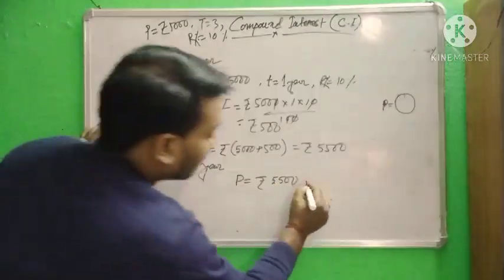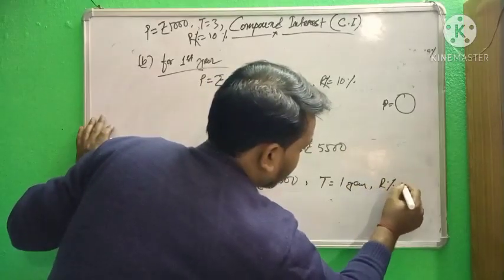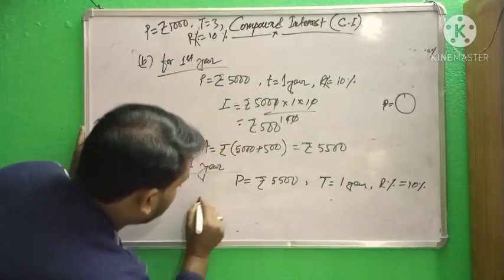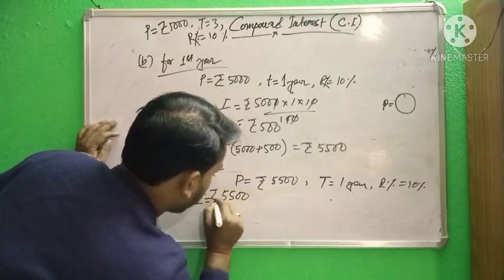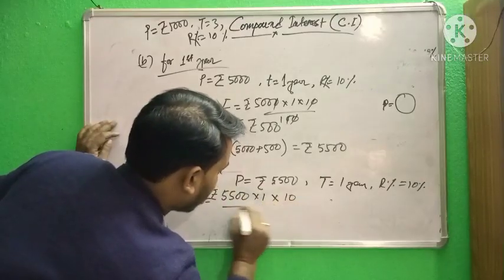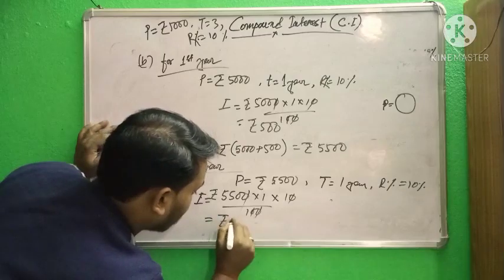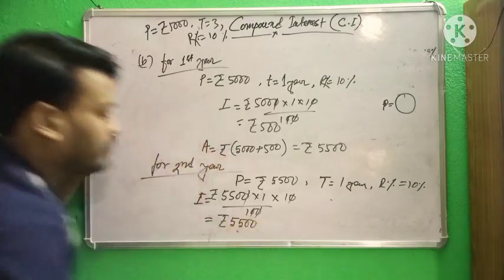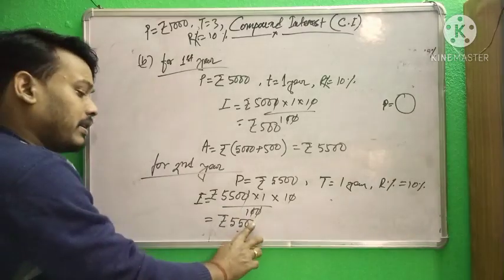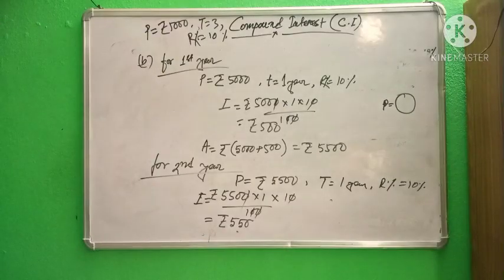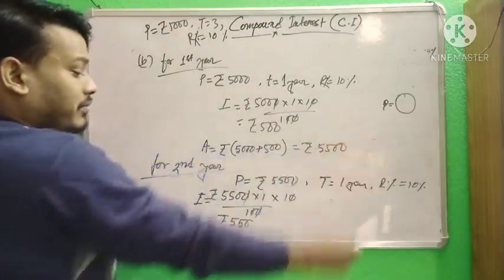So T equals again 1 year, R equals 10%. In the second year, interest is 5500 into 1 into 10 by 100, zeros cancel, so the second year interest is 550.